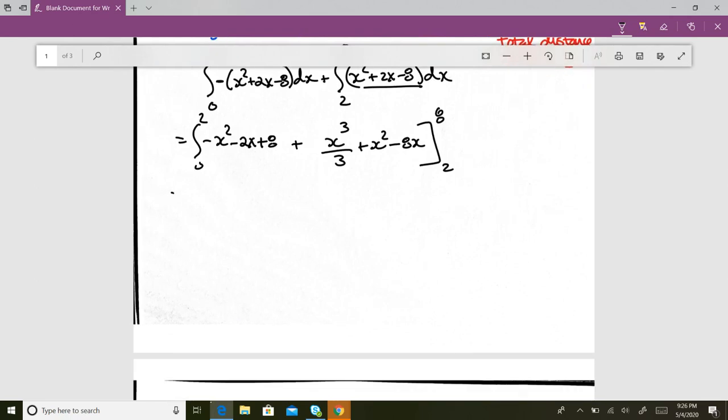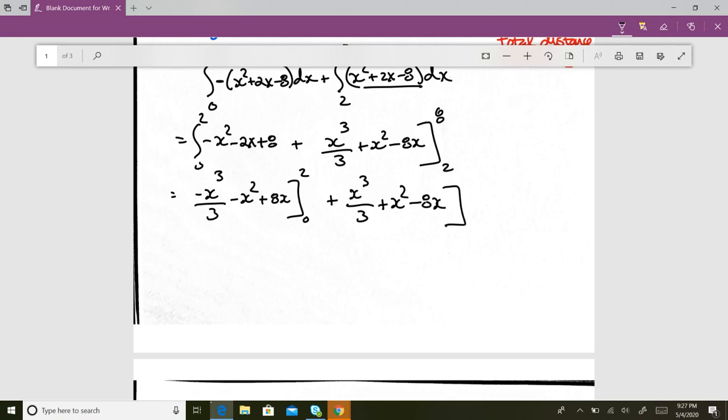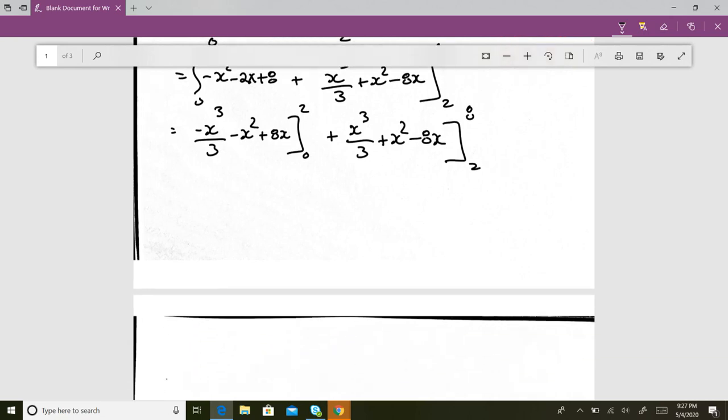And this one will be negative x cubed over 3 minus x squared plus 8x evaluated, 0 to 2. So we're adding these things together. So it's a bit more work in terms of algebra, but not much. All right, so put the 2 in.